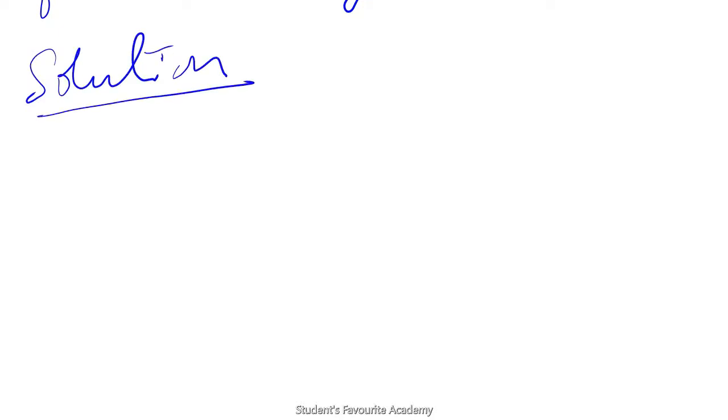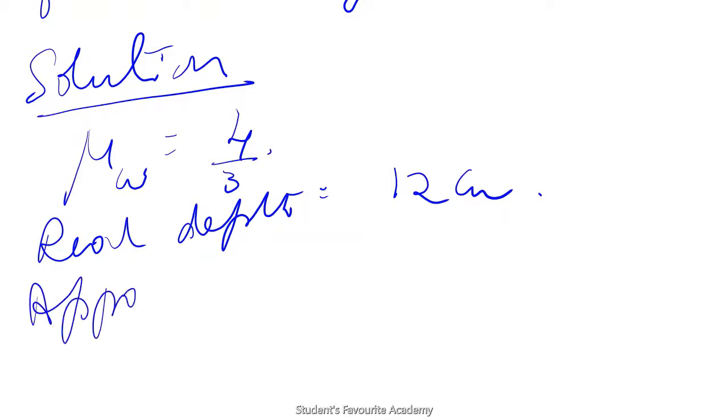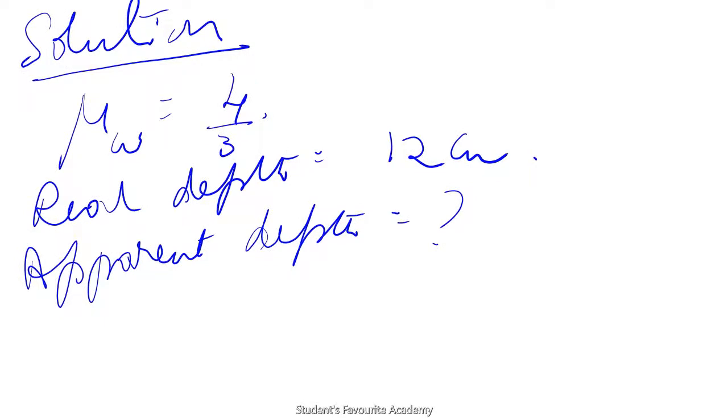A solution. Now what is given? Mu of water is given as 4 upon 3. Real depth 12 centimeter. Apparent depth we have to find out.